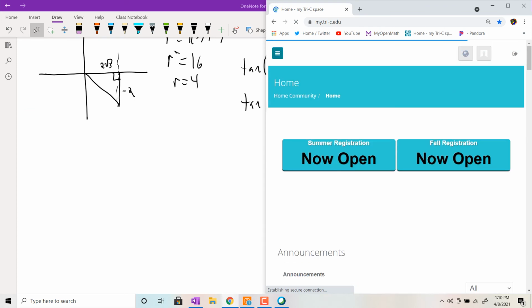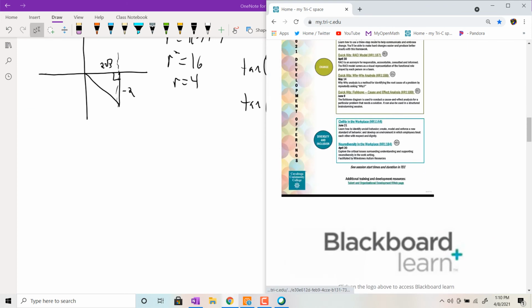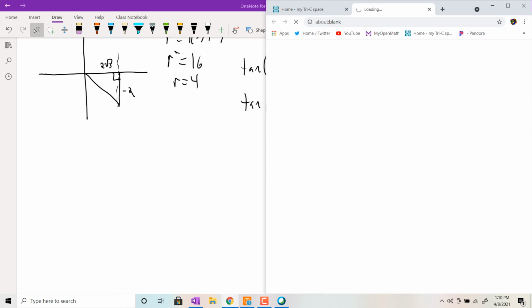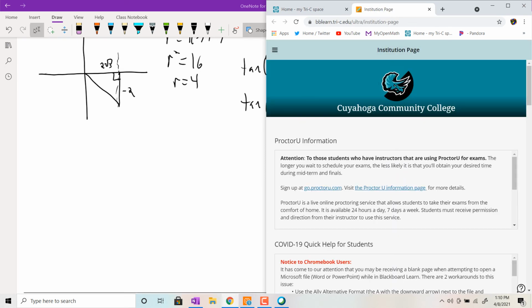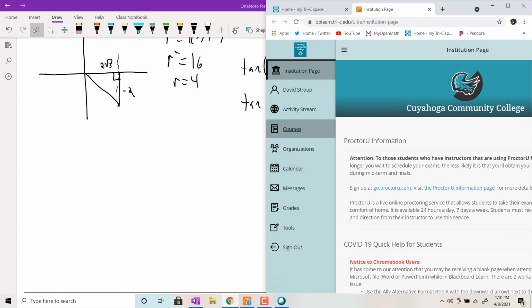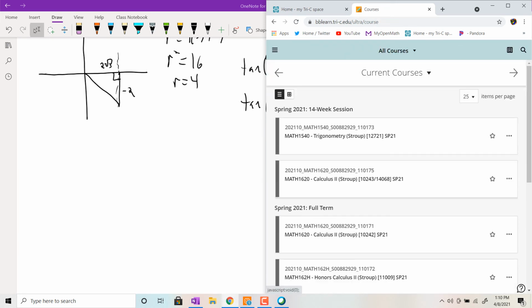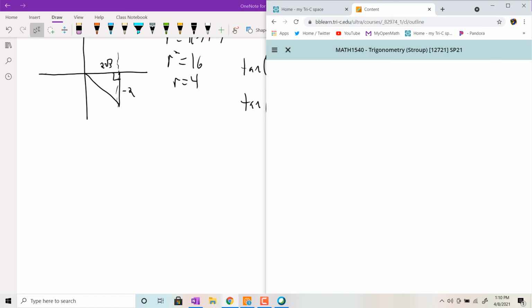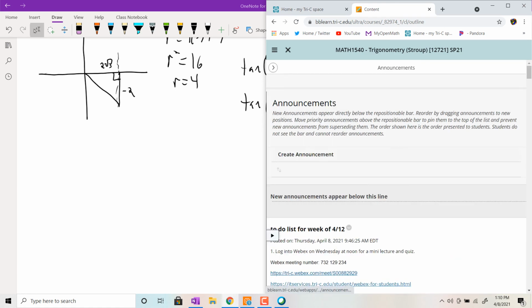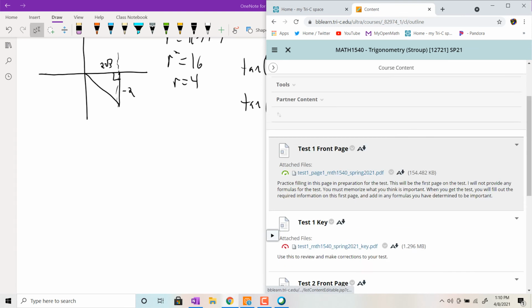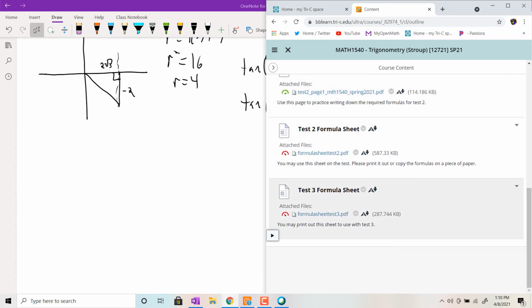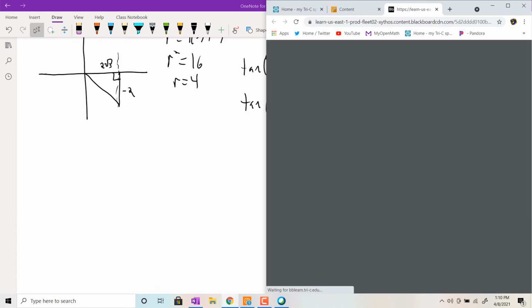Let me go to Blackboard if I can find it. Uno momento, please. Course content. Being able to navigate through the internet is such a good skill to have.